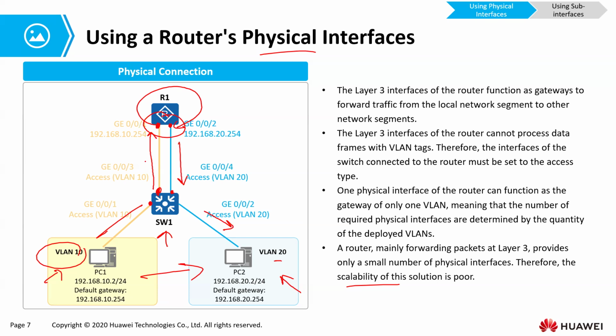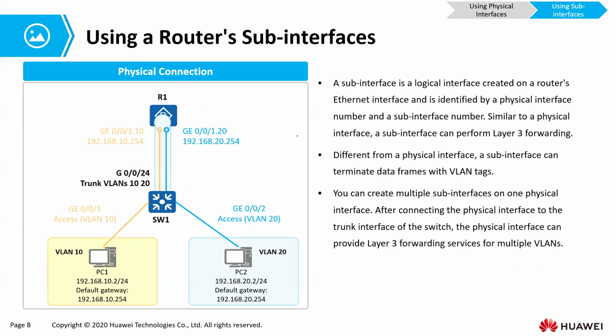Or will you need to connect to multiple routers with multiple physical interfaces? That's where the issue is. This is therefore not a scalable solution, and it's not readily used in networking, although it's an option.